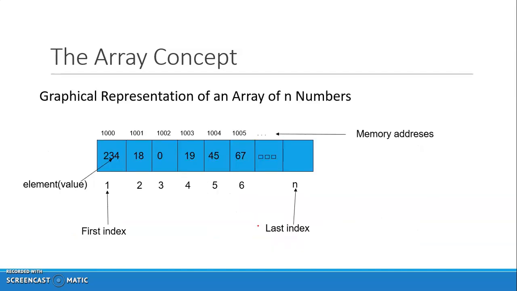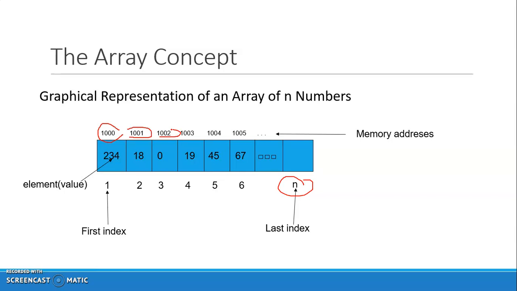More on graphical representation of an array, assuming we have an array of n numbers. As we said, they are stored contiguously. So we are making an assumption that the first address is 1000, then the second address is 1001, 1002. This is a simplified representation of the addresses.